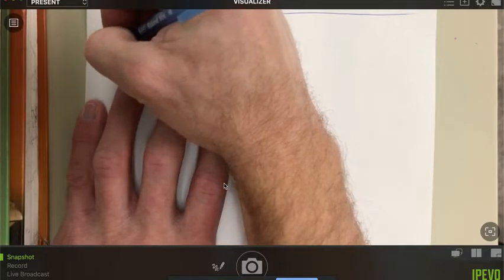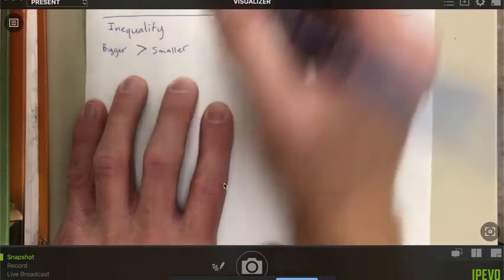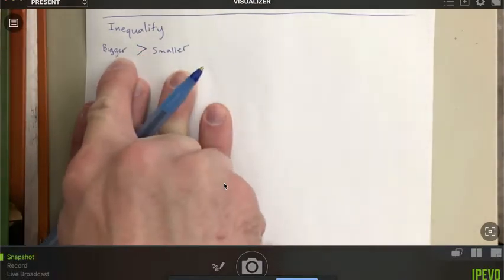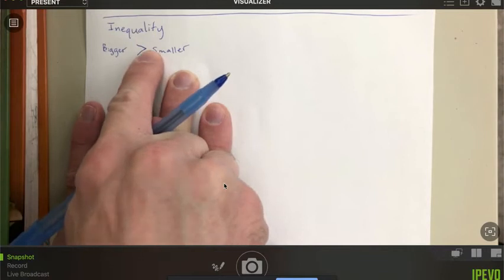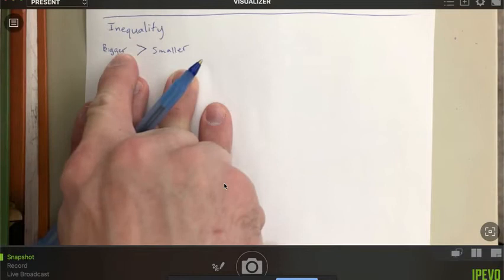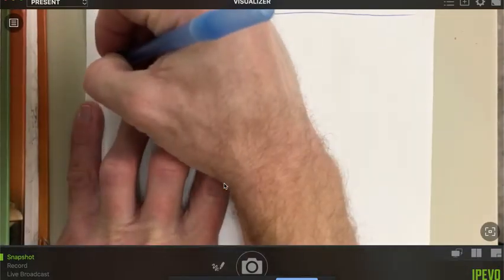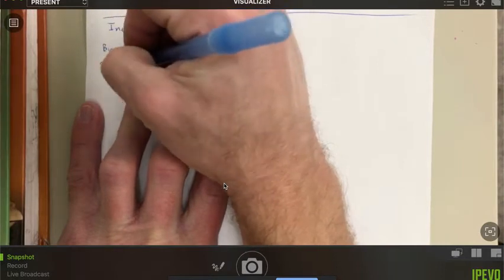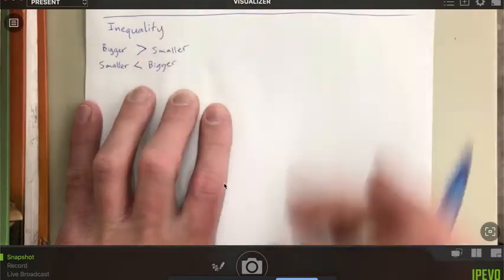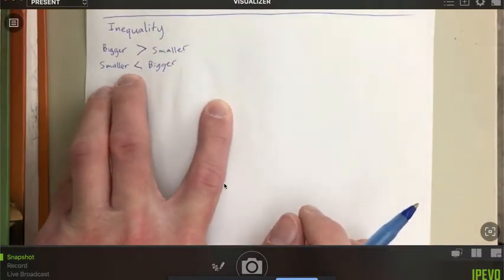And remember, this just means whatever's on the open side of my inequality means that's the bigger one. And whatever's on the closed side of my inequality, that's the smaller one. So this would mean that this number on this side has to be bigger than this number on this side. Or you're going to see it the other way around, but the same property holds. So you just have to know that open side is the bigger number, closed side is the smaller number.